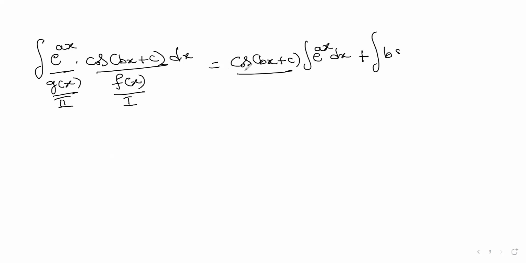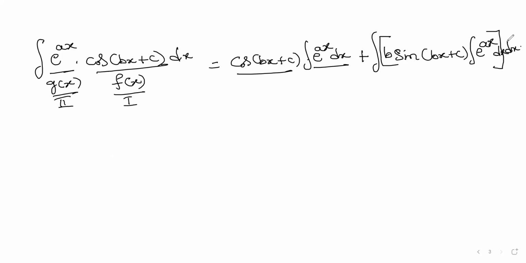Because the derivative of cos x is minus sin x, and the derivative of cos of bx plus c is minus b times sin of bx plus c. Minus is there, and the minus of minus is plus. So I am writing it directly. So this is what I get. And then the integral, this part again comes in: the integral of e power ax dx. This is what I have, and again whole dx.